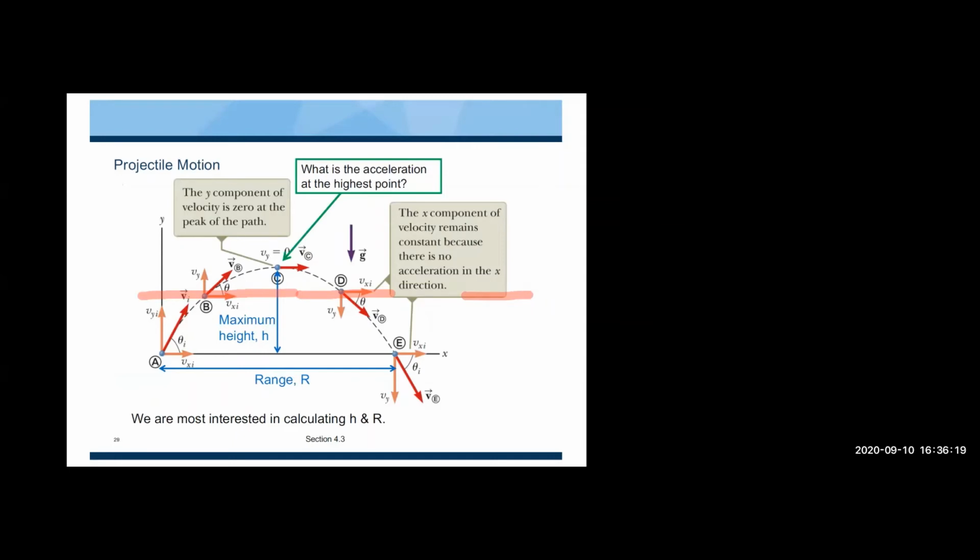For example, here you have an object. Let me delete all the things. You have an object that is being thrown at A, and it would undergo a projectile motion because when it is thrown, it has a certain velocity. This velocity makes an angle theta i with the horizontal direction. So you would fully expect the object to be moving upward, and then gradually it would not go up anymore and start to come back again.